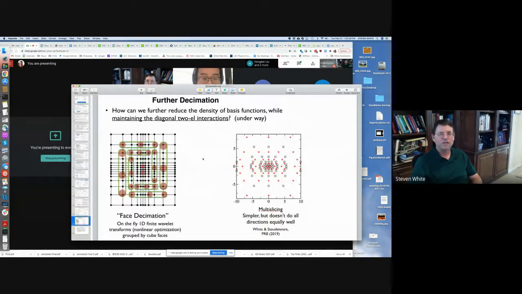Yes. So the decimation occurs in 1D, and so the thing about creating our own wavelets is, which required a lot of nonlinear optimization to get all the parameters, all the properties we wanted simultaneously. Well, we sort of learned how to do that. So what you have to do is do a nonlinear optimization where you can just sort of work on this line and require it to have the moment properties and completeness properties that you want.